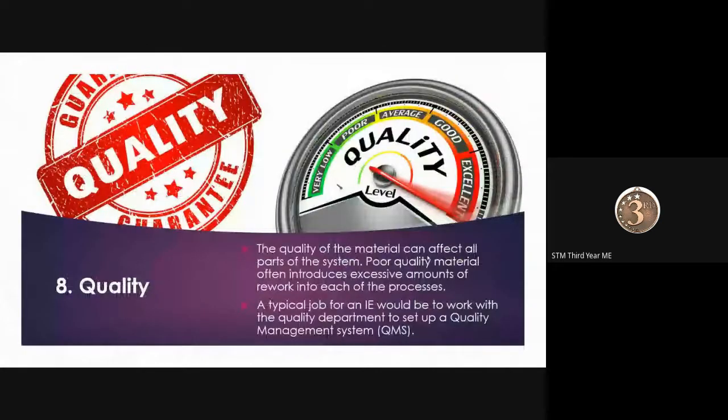Obviously, quality we have already stated in the statistical quality control itself. So under that, quality is nothing but we are checking if it is appropriate or it serves the functions as mentioned by the customer. So different quality type products may be there.